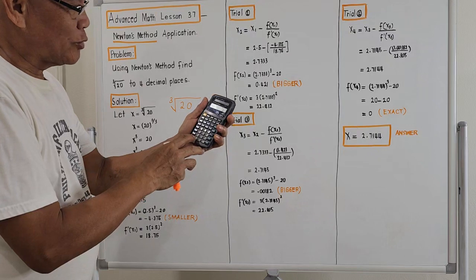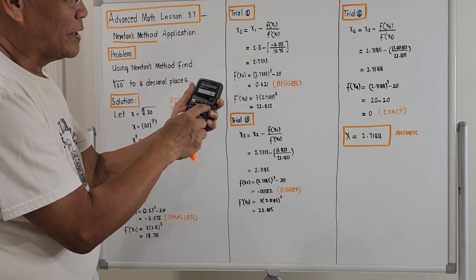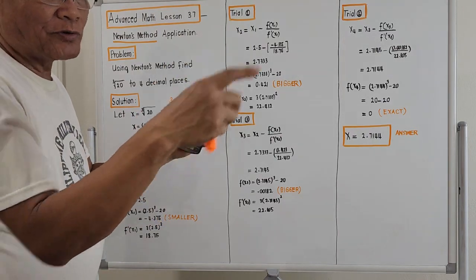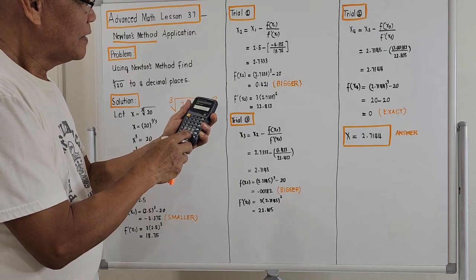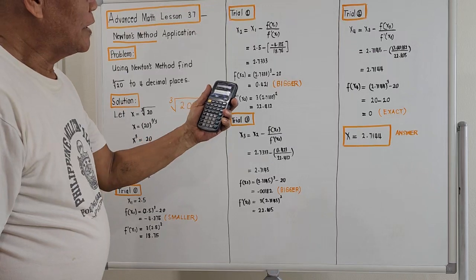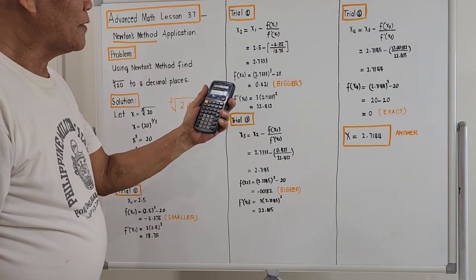So we place 20 over here. Y to the x. 1/3 is actually 0.333, so the power will be 0.333. And this should be equal to, up to 4 decimal places, 2.7144.